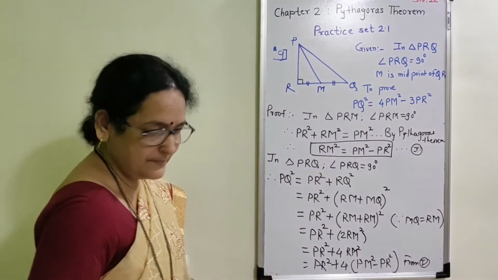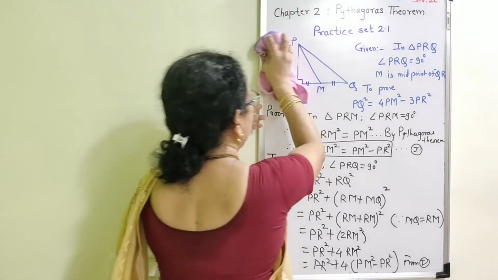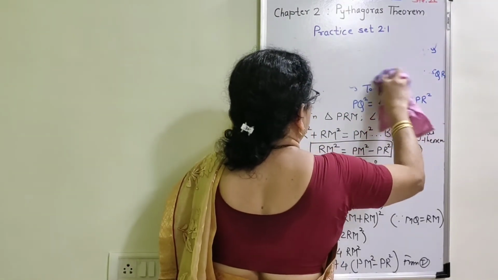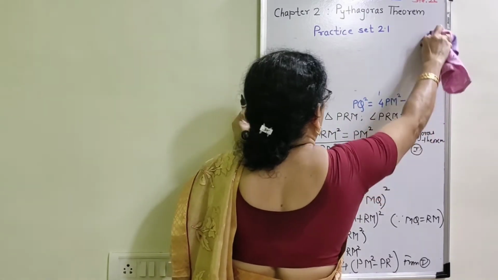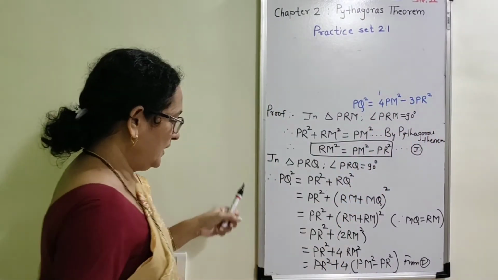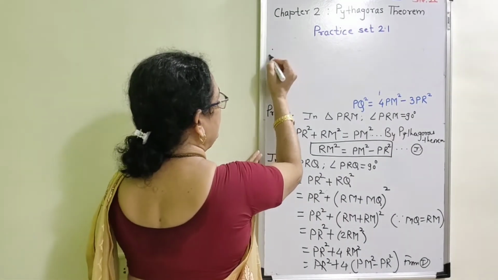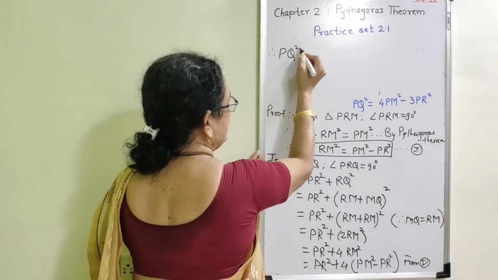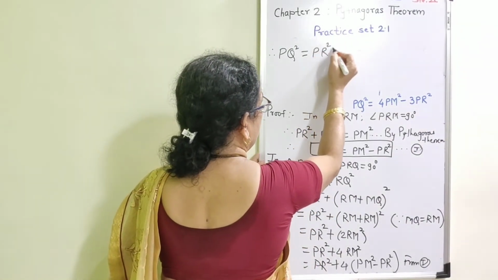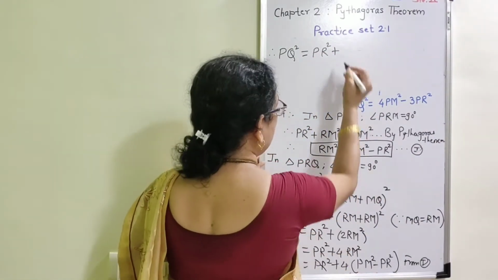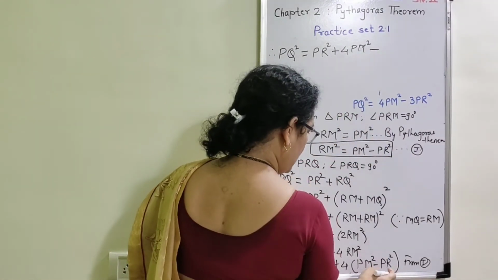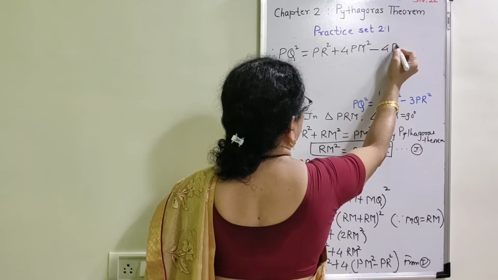Now the last step. Therefore PQ square is equal to PR square plus 4PM square minus 4PR square.